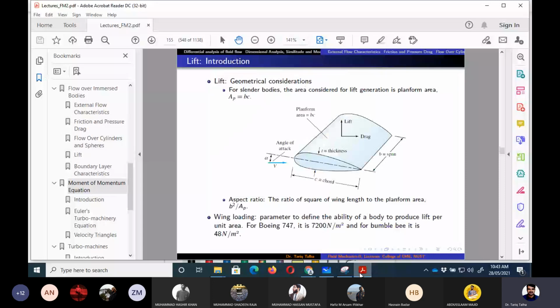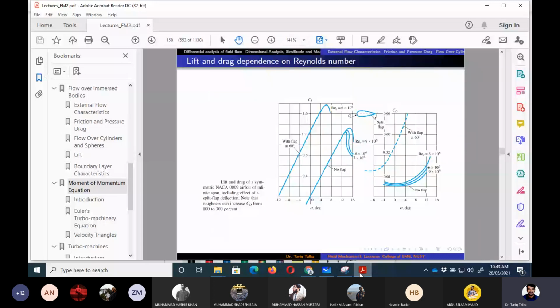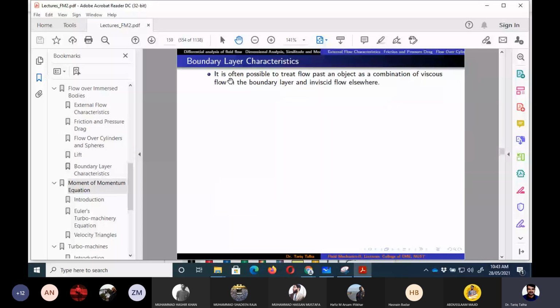As I mentioned in the beginning, it is often possible to treat flow as an object. So we are talking about external flow as a combination of two regions. One is the viscous region, where viscous flow happens in the boundary layer, and the other is inviscid flow, which we also call irrotational flow, which is away from the body.